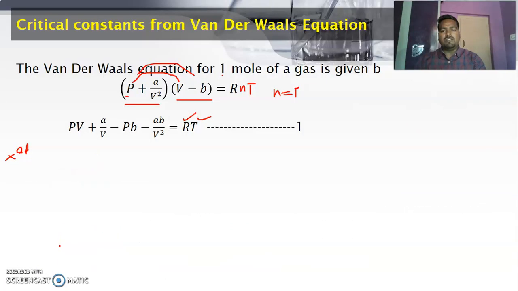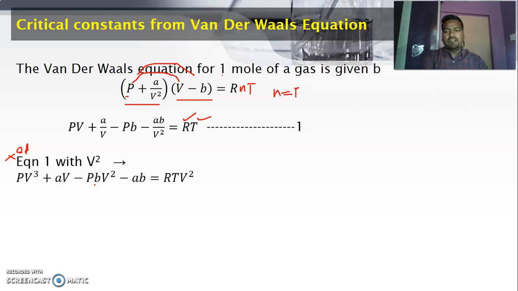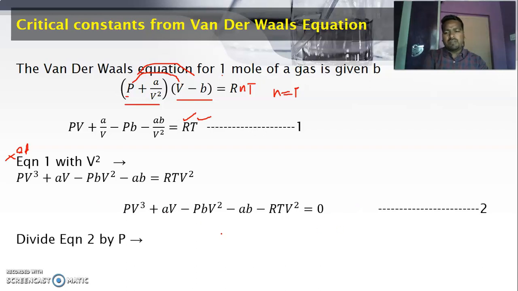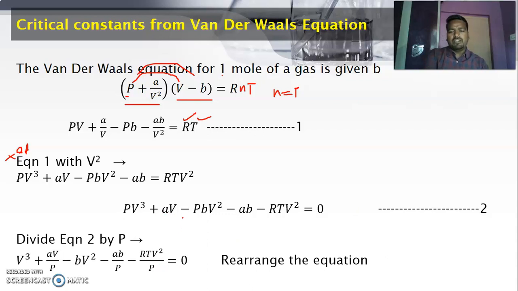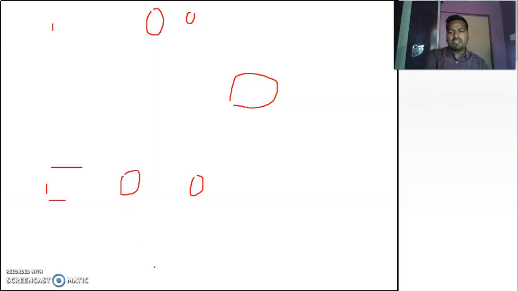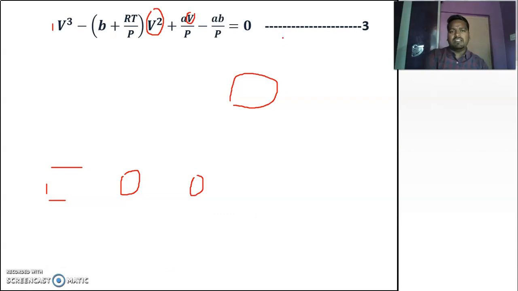First take the van der Waals equation, and you multiply the LHS term, you will get equation number 1. Multiply equation 1 by V square. Then if you rearrange the equation, you will get equation 2. Then you divide the equation by P, and after rearranging, you will get this equation. Then again, if you rearrange this equation, you will get 3.